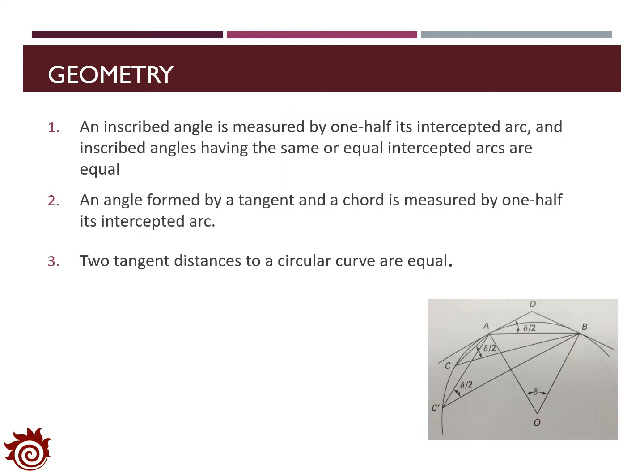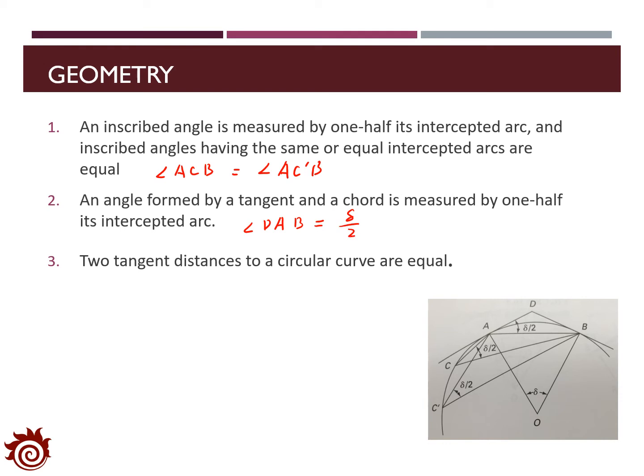So in summary of the geometric facts, the first one is that the angle ACB is the same as the angle AC prime B. For the second one, the angle DAB equals half delta.